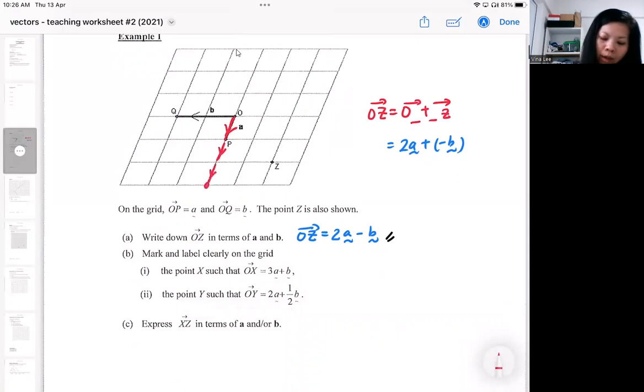So you stop. That is your 3A already. Then from there, you do a plus B, so you go B horizontally. So you end up here. This is actually your OX.